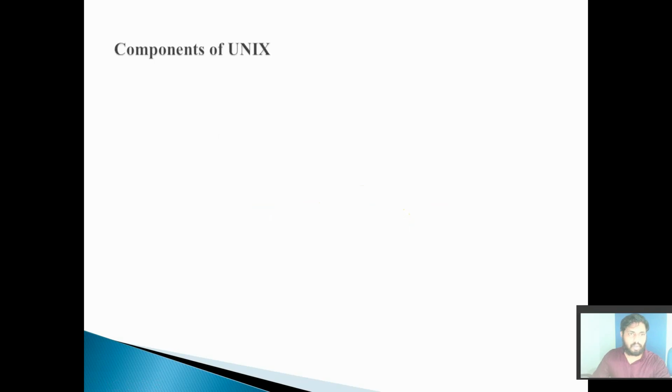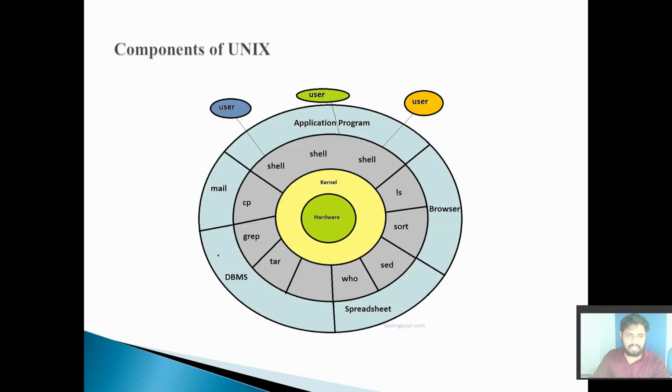Coming to the components of Unix architecture. This is the architecture of the Unix environment: hardware, kernel, shell, application program, and user. Suppose the user wants to access the Unix environment. The user must know every command to access it. The kernel is the heart of the operating system, an interaction between user and system hardware.